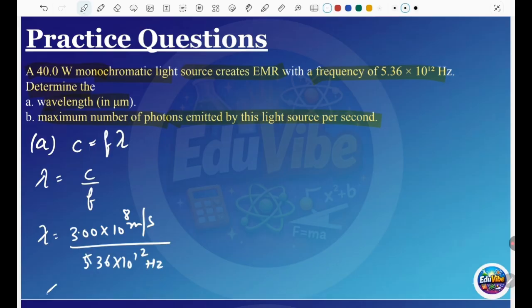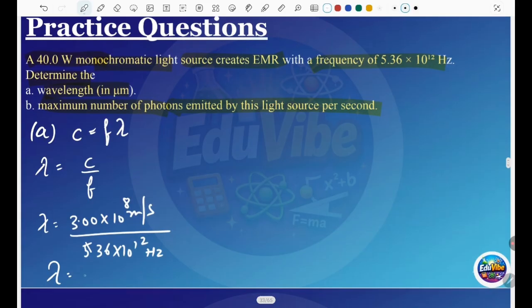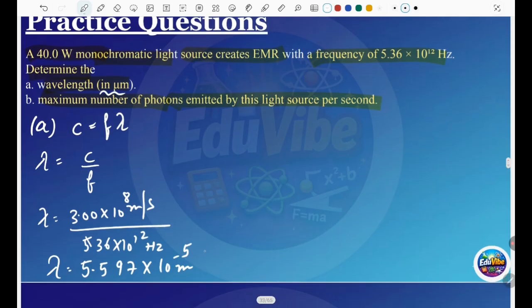When you solve this, you get a wavelength of about 5.597 times 10 raised to power minus 5 meters. But you want this in micrometers. To convert, you have to divide this by the prefix for micrometers, and you get this from your data sheet.